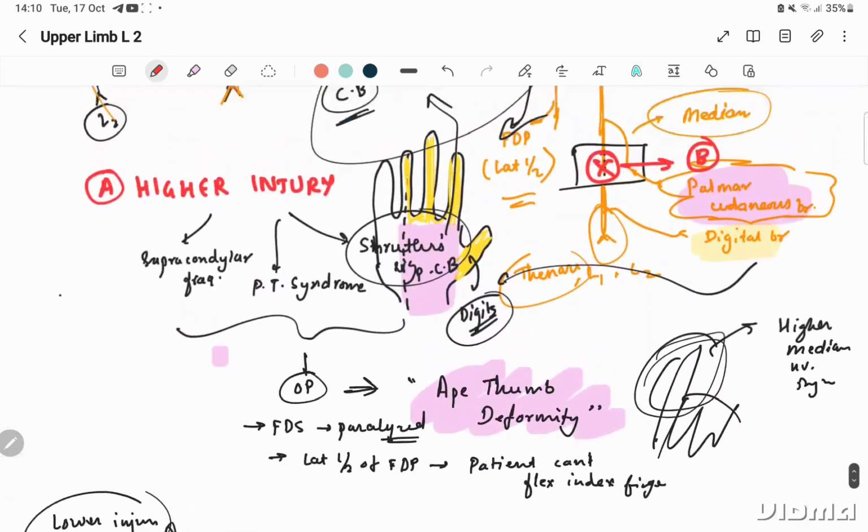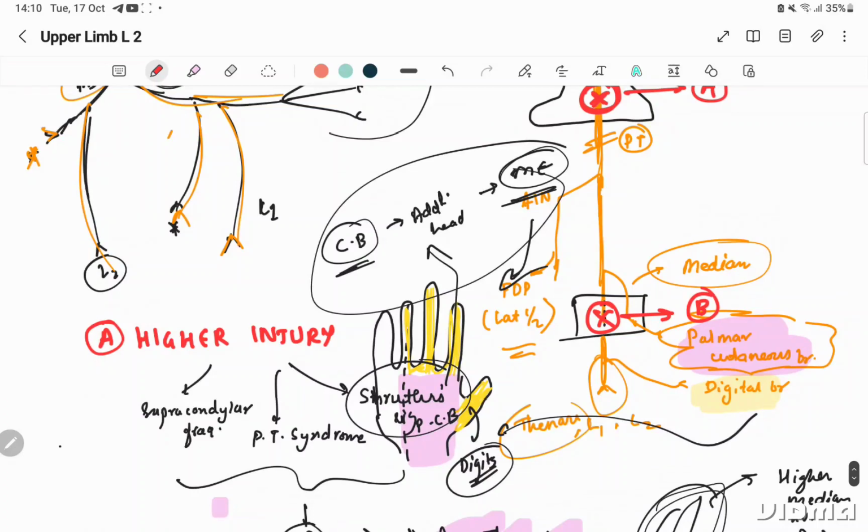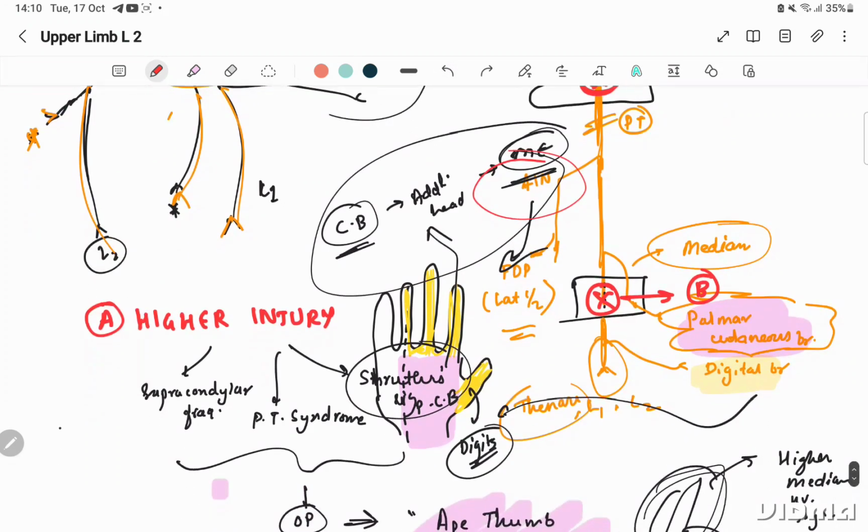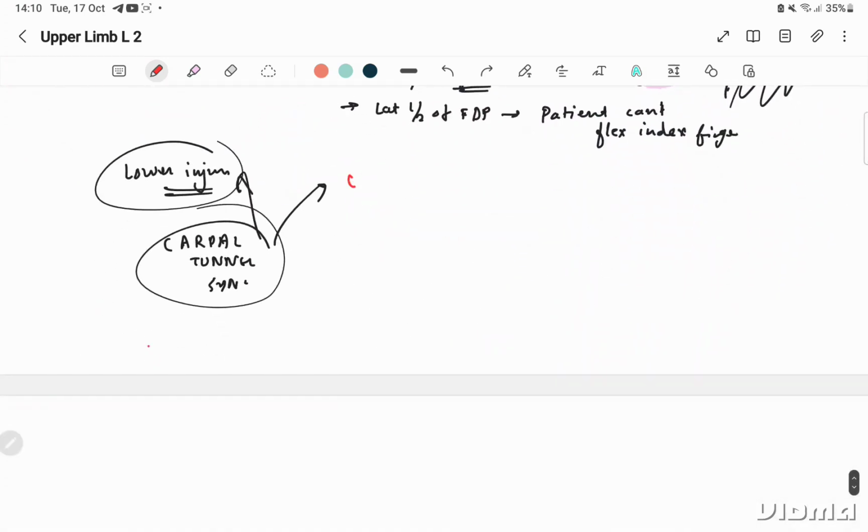As the injury occurred here, what is spared? So AIN is spared, the FDP is spared. Okay, but what is affected? The deep branch, the digital branches and the branches of median nerve which are deep to the flexor retinaculum are affected. Okay, so opponens pollicis is paralyzed. Yes, opponens pollicis is paralyzed. So ape thumb deformity is common.